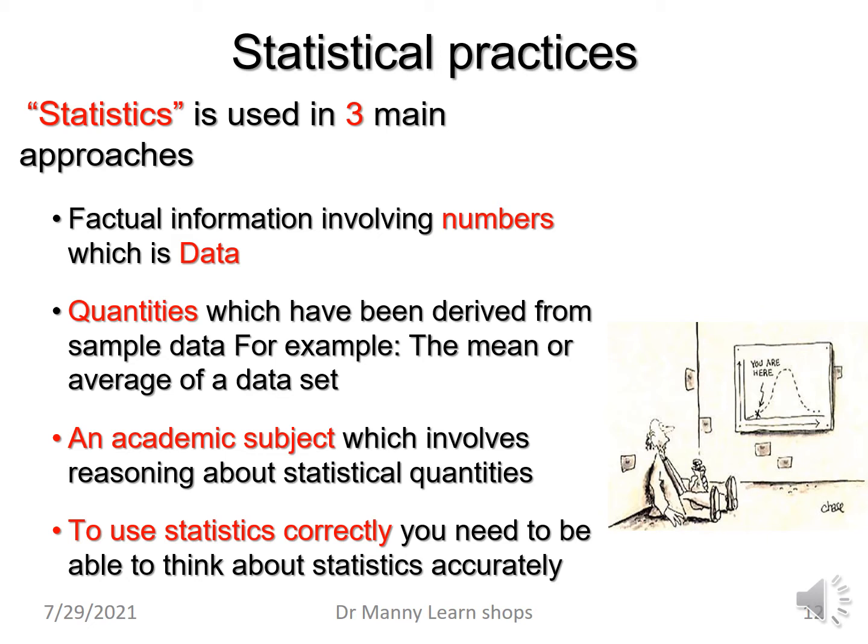It can be in relation to an academic subject, which involves reasoning about statistical quantities, and it can be used correctly if you need to be able to think about statistics accurately. They have to be used correctly, otherwise they present the wrong information, as all research can do.